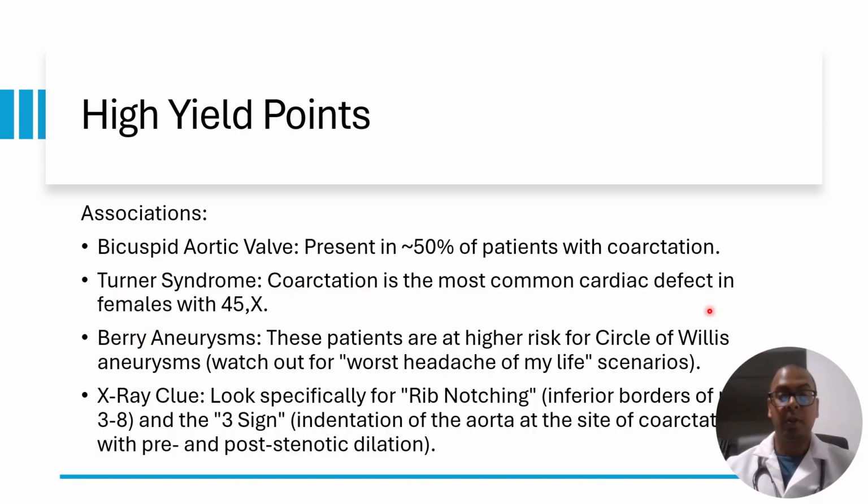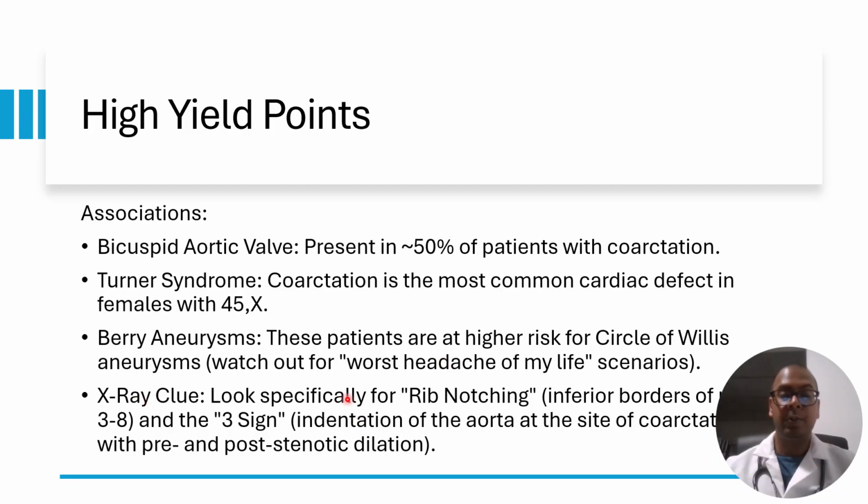It's actually the most common cardiac defect in patients with Turner syndrome. In patients with coarctation, you might also see Berry aneurysms. So look out for patients coming in with the worst headache of my life, which could indicate rupture of a Berry aneurysm causing a subarachnoid bleed.